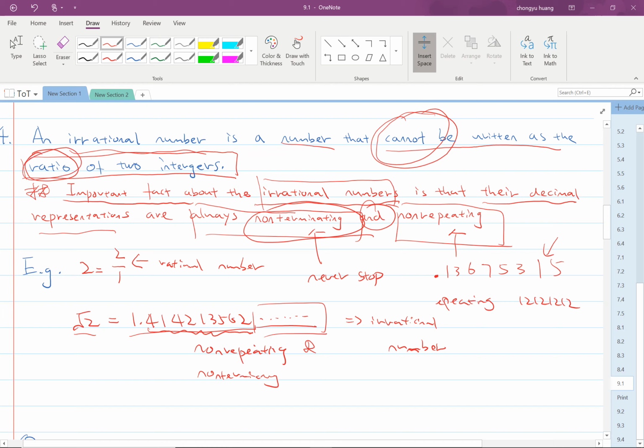The second and most important fact is about the decimal representation: it is always non-repeating and non-terminating.